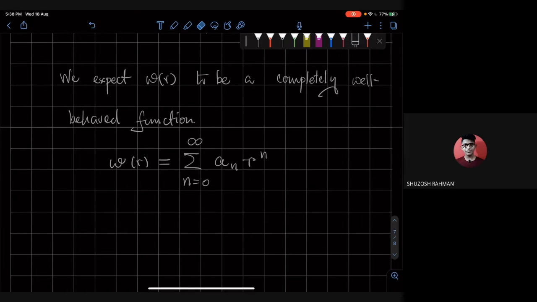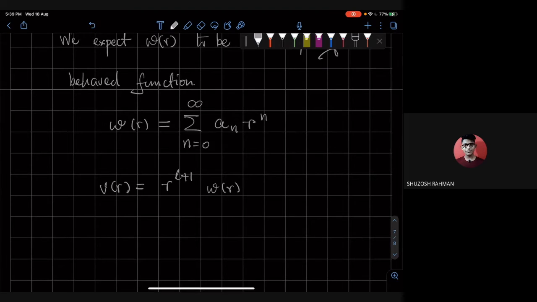Okay, so now suppose that instead of omega, we deal with the function v of r, which is r to the power L plus 1 times omega of r.